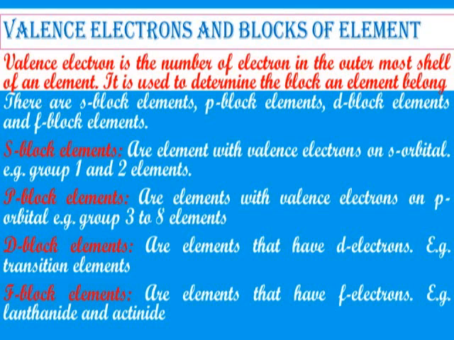So what are s block elements? S block elements are elements with valence electrons in s orbitals. Examples are group 1 and group 2 elements. So those elements that have their outermost electrons in the s orbitals are called the s block elements, and they are groups 1 and 2.